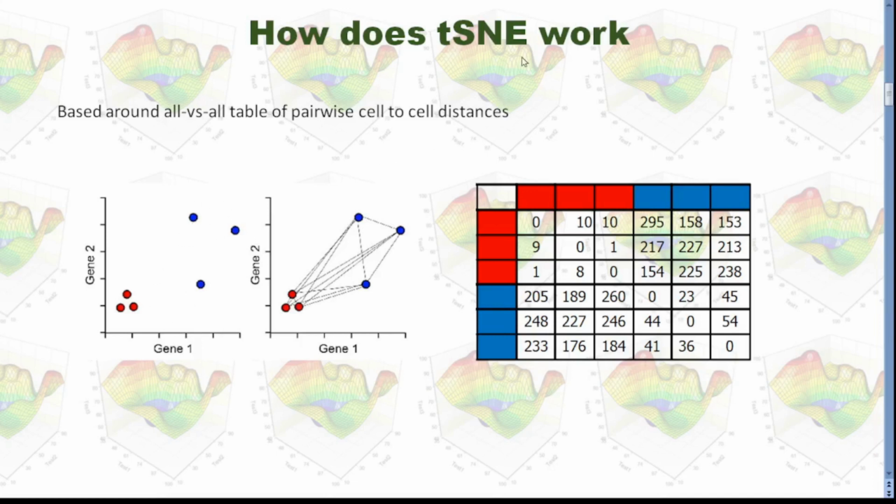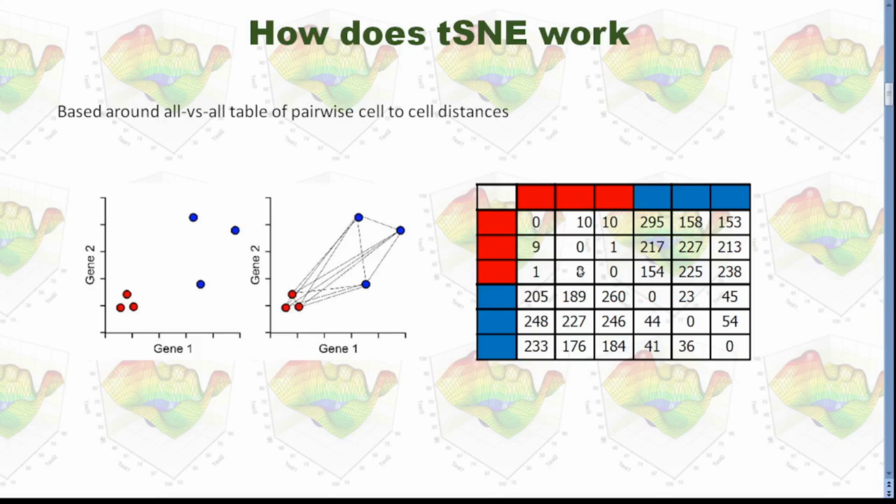So with t-SNE, we are going to calculate cell-to-cell distances for all of them. For these red dots, we have those distances, and for the blue dots, we have those distances. Of course, we are going to calculate all the distances among red dots versus blue dots as well.